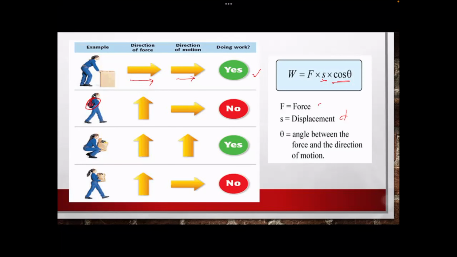So there is no work done here. Again, work happens only when the direction of the force and the direction of the motion are the same. And cosine theta is used only when given along the x-axis, or along the horizontal. But along the vertical, it is not used.